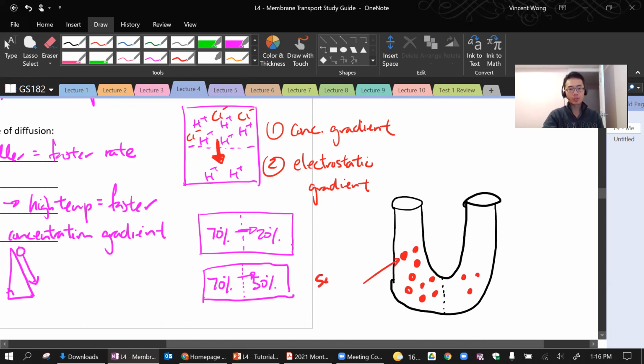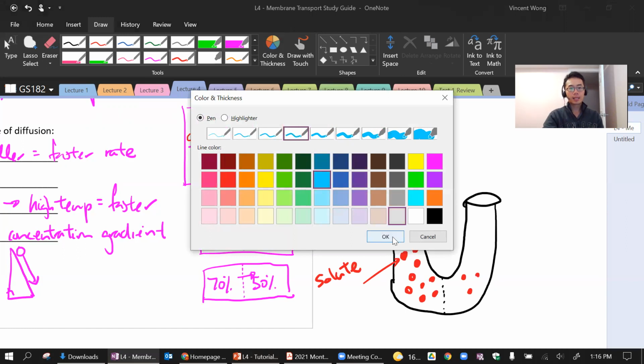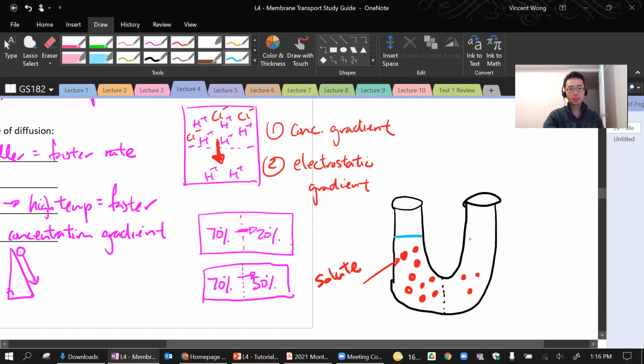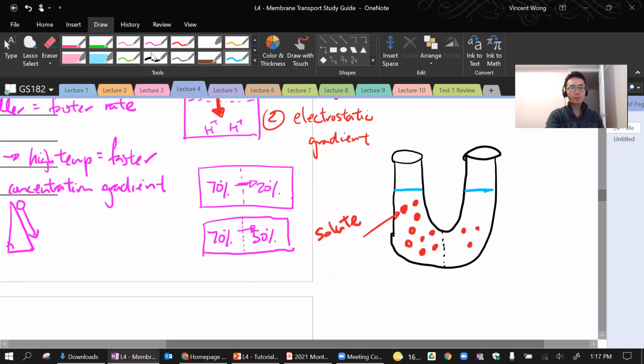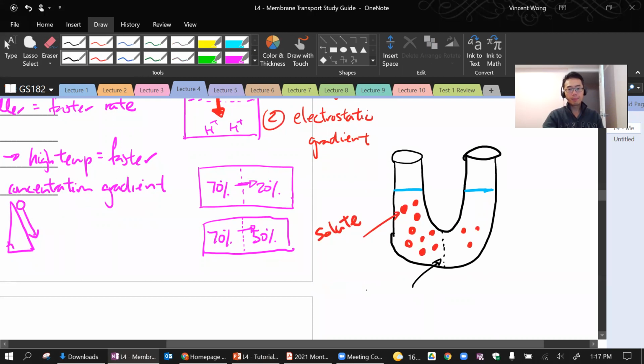Okay, so red balls, solute. Right? And we're gonna have the water. The whole thing is filled up with water. And at the bottom, we are going to have a membrane selectively. Okay, we'll just say only allow water to pass through.